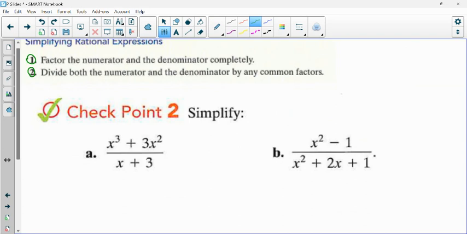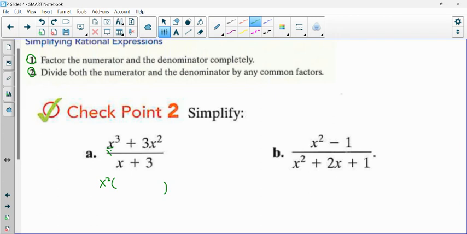So as we look at our first example, x cubed plus 3x squared divided by x plus 3, again, step 1 tells us we need to factor the numerator and the denominator, both. So which one can we factor for letter A? And how can we factor it? Right, we can pull out a GCF of x squared in our numerator.